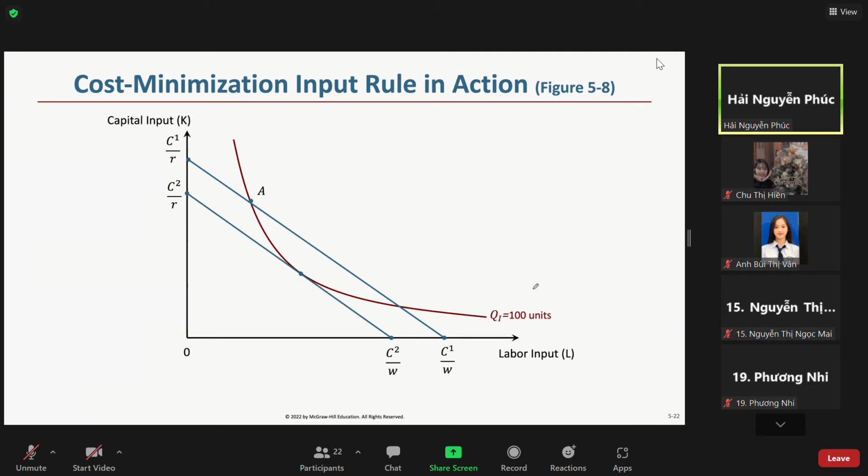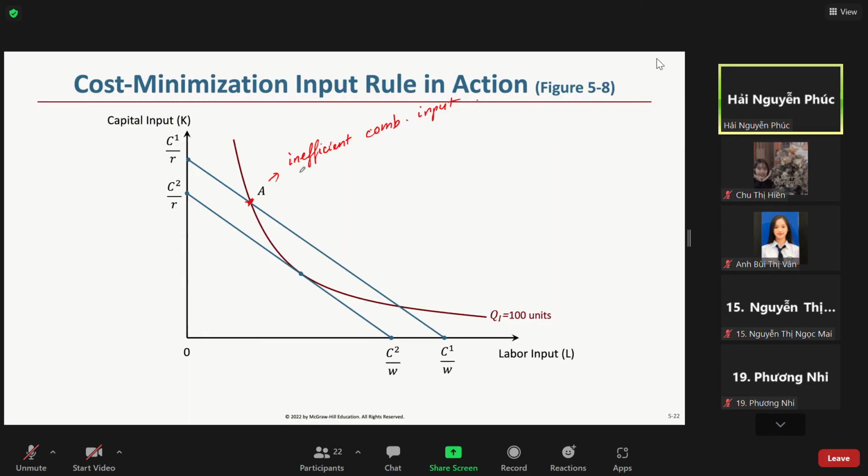And you can see the following at point B, at point A. Point A tells us about an inefficient production. Let's say an inefficient combination of input.